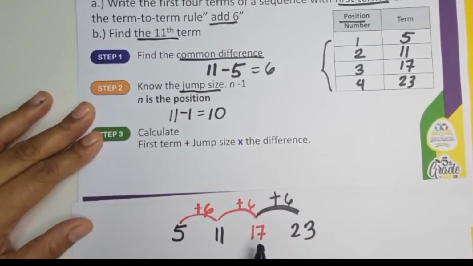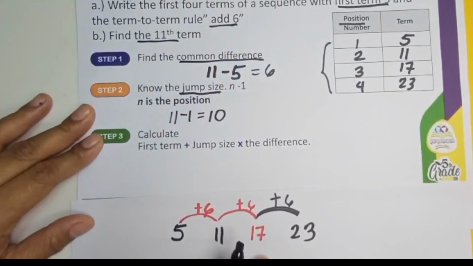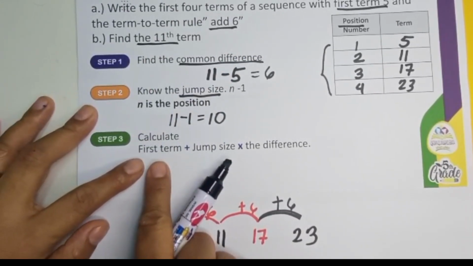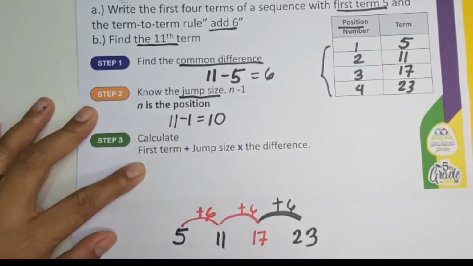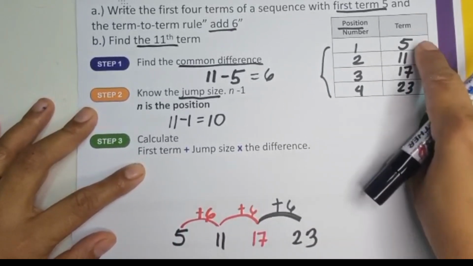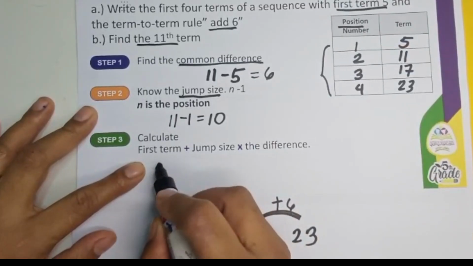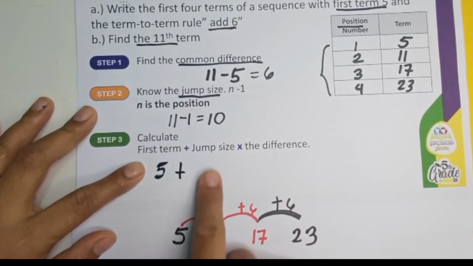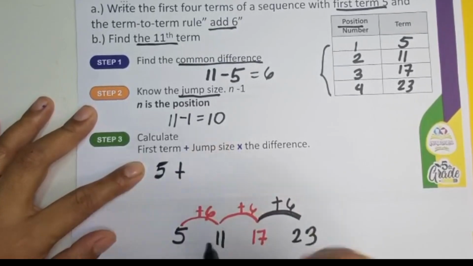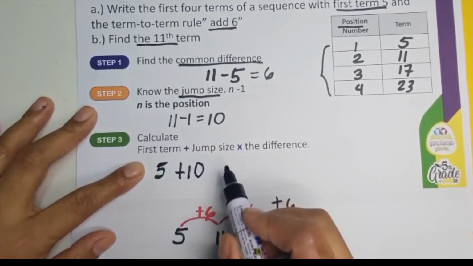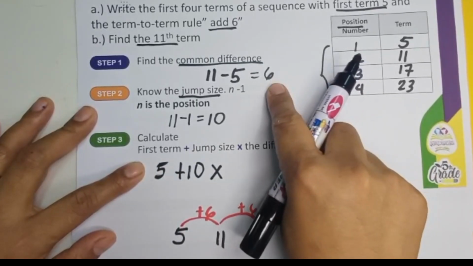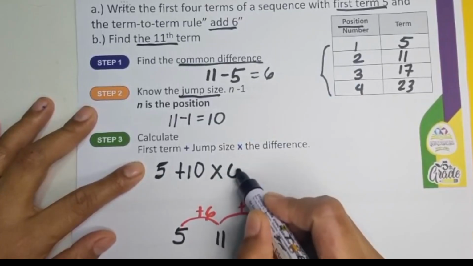Now let's calculate the 11th term. To calculate it, we are going to use the first term. What is our first term? It is 5. So I have 5 plus the jump size. What is our jump size? It's 10, multiplied by the common difference, which is 6.